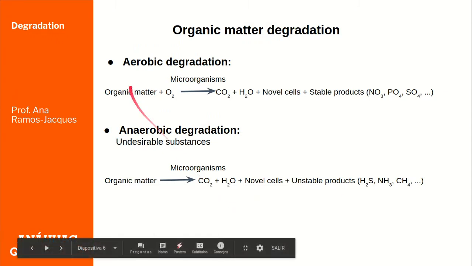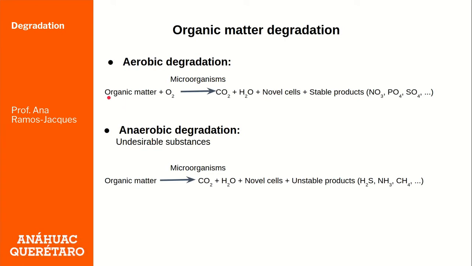This degradation could be aerobic or anaerobic, and here in the form of a chemical equation, the organic matter in the presence of oxygen is degraded by these microorganisms, and the products are carbon dioxide and water.